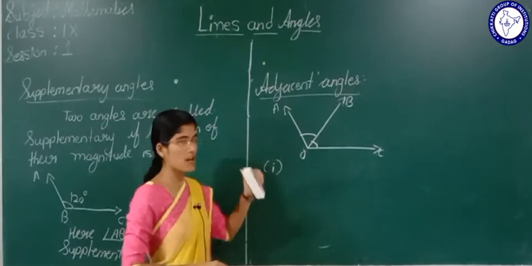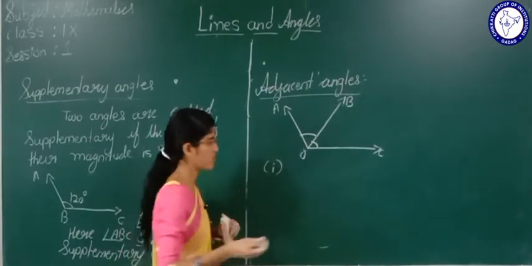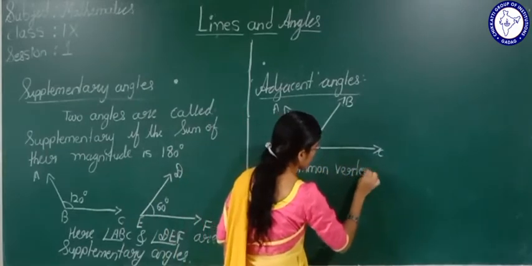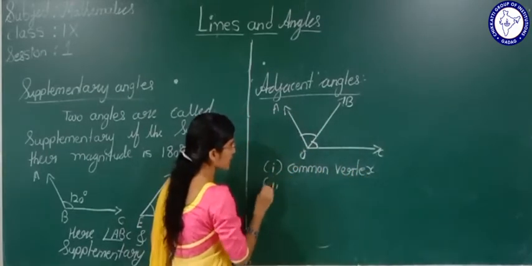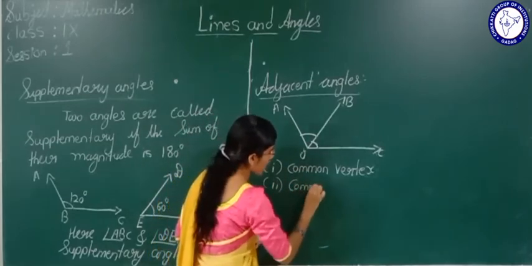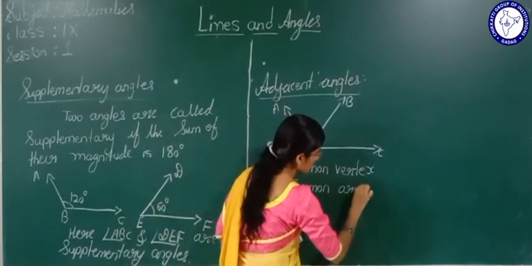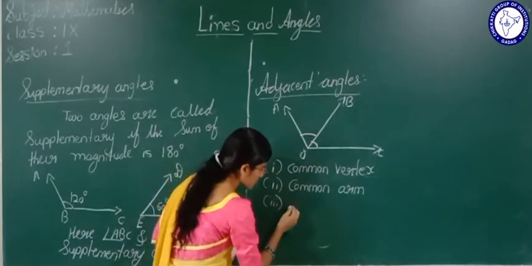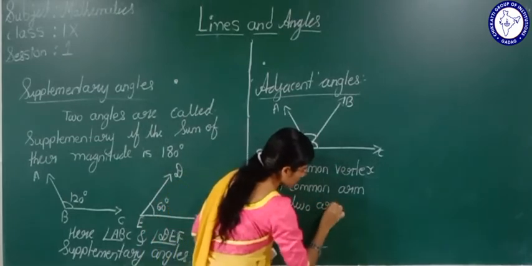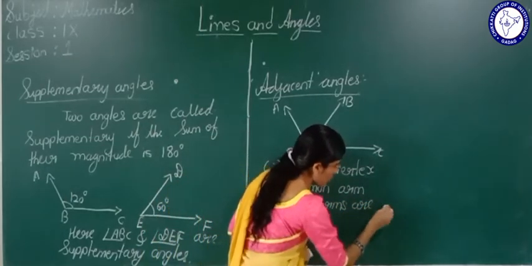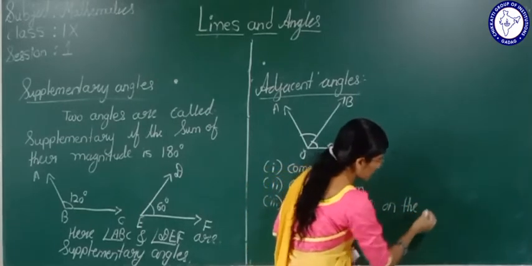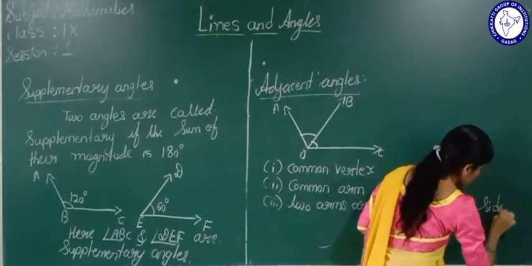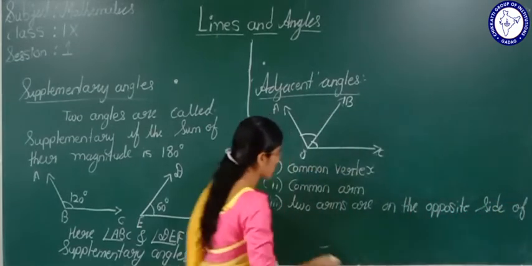Two angles are called adjacent angles if they have a common vertex. Vertex should be same. Common vertex. Second point, common arm. Common arm. Third one, two arms are on the opposite side of common arm.